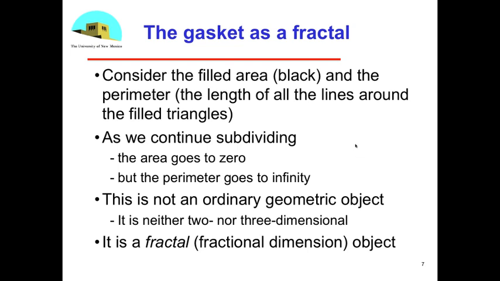And if I ask you, well, what's the dimension of that object? Well, it's certainly not three-dimensional because the area is going to 0. Is it two-dimensional? Well, it's a little weird. So this is an example of a fractional dimension object. It has a dimension between 2 and 3, and it's called a fractal. And this was what Mandelbrot did.